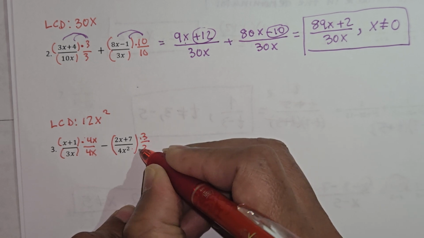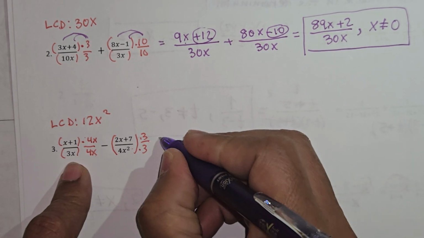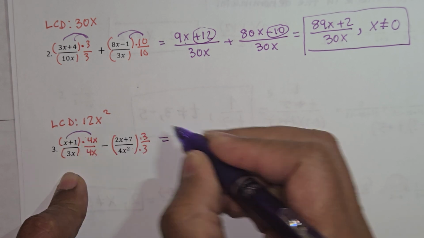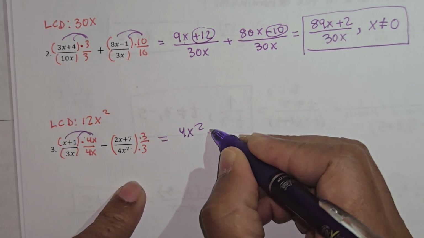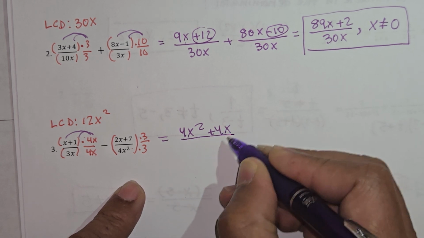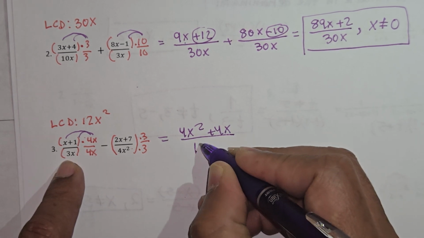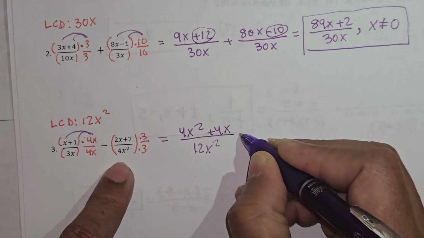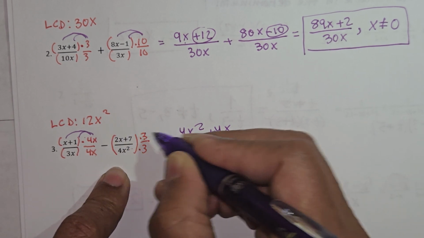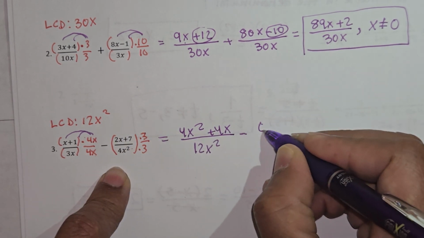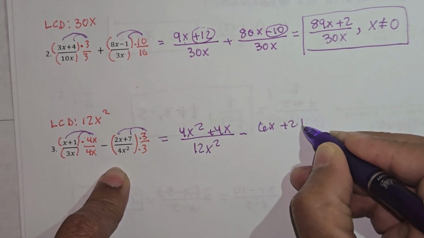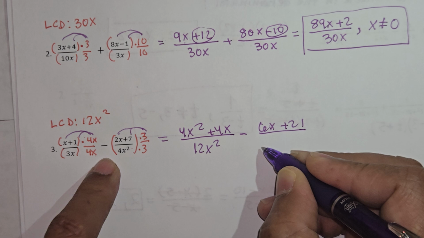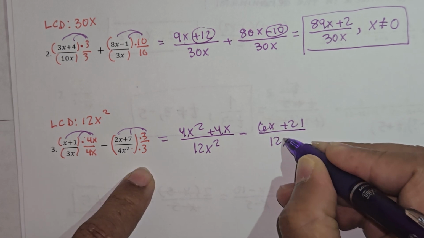So for this one here, distributing, 4x times x is 4x squared, 4x times 1 plus 4x, over 4x times 3x, 12x squared, minus 3 times 2x, that's 6x, and 3 times 7, that's 21, over 3 times 4x squared, which becomes 12x squared.